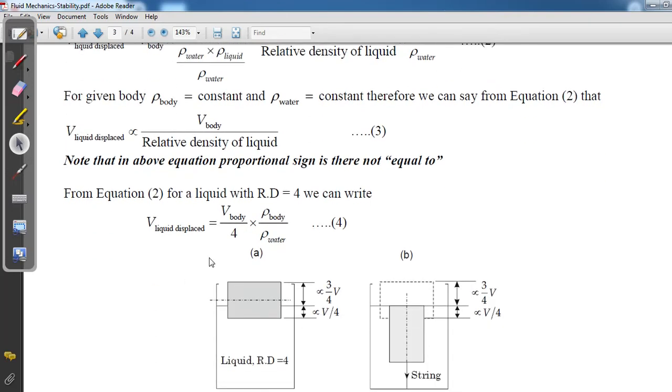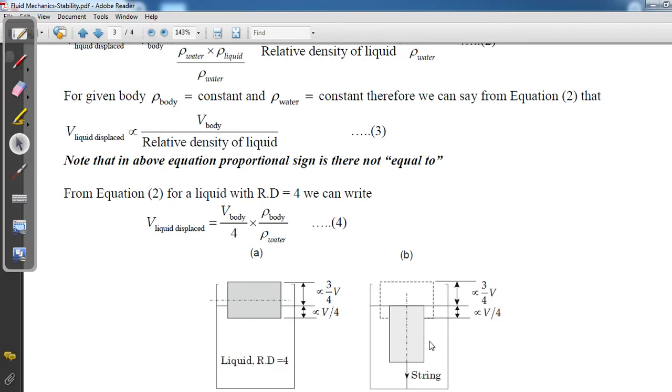So in this figure we got an idea, because relative density is given as 4, so this becomes V of body divided by 4. It means that in the free floating condition, V by 4 is inside the liquid and 3 by 4 is outside, because total volume is equal to V. So now we have to submerge this extra 3 by 4 volume inside the water.